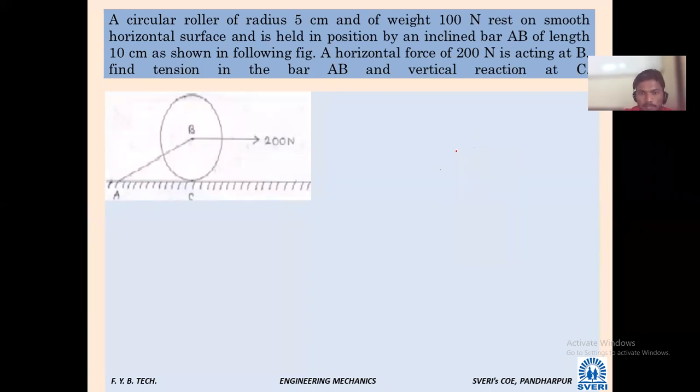Have you read it? Maybe something like this. A roller is just placed on one of the surfaces.